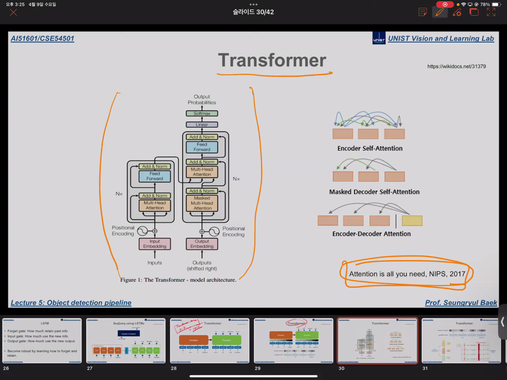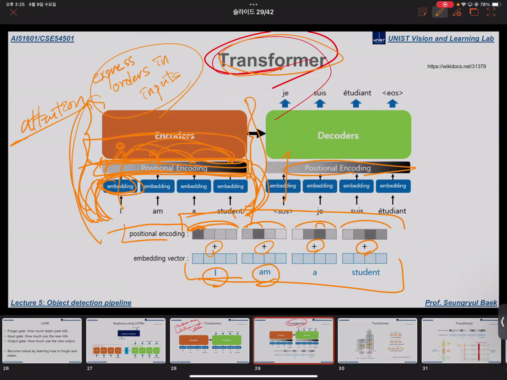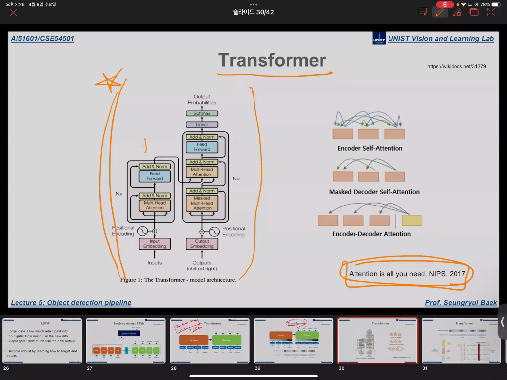You have to understand that this figure is the same as this figure. The left part denotes the encoder part, and the right part denotes the decoder part. I will explain why those two figures are the same.